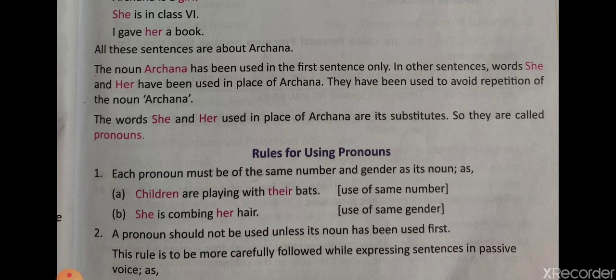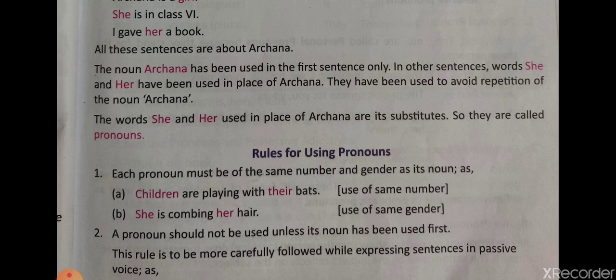Like I have told you, if we are using it for a boy, we have to use he. If we are using it for a girl, we have to use she. And if you see in this sentence, we are saying children are playing with their bats. Since children is in a plural form, we have used their here. She is combing her hair. Since she is a girl, we are using her.